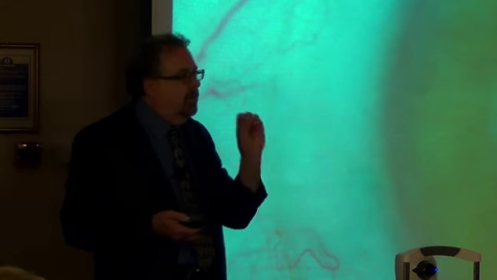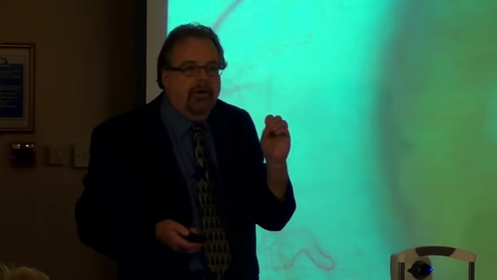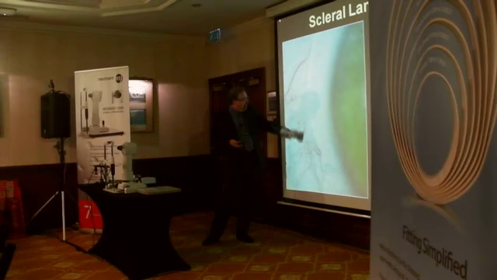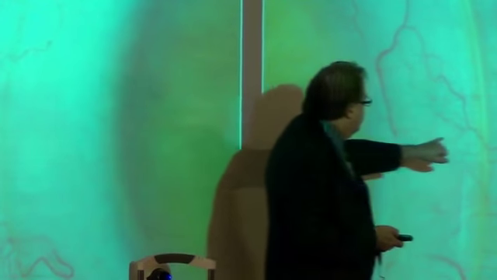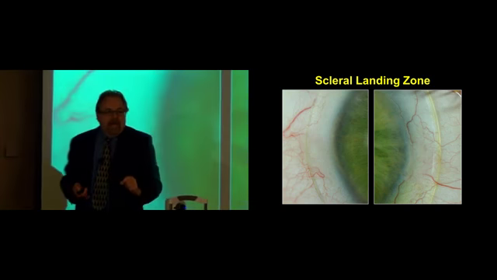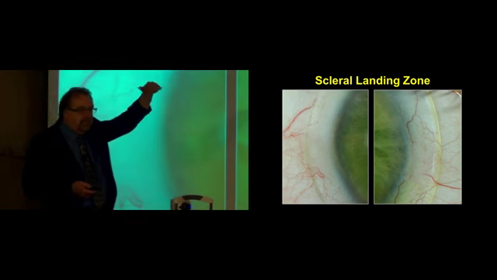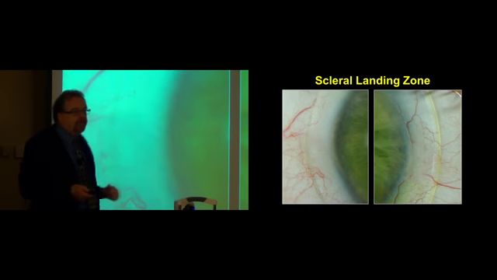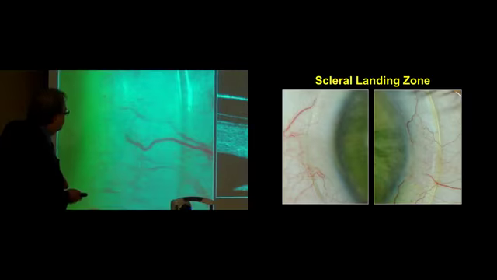Because what you're going to be looking for on your follow-up is the conjunctival blood vessels. These conjunctival blood vessels need to stay open. They are your benchmark as to whether or not you need to change the angle of that scleral landing zone.